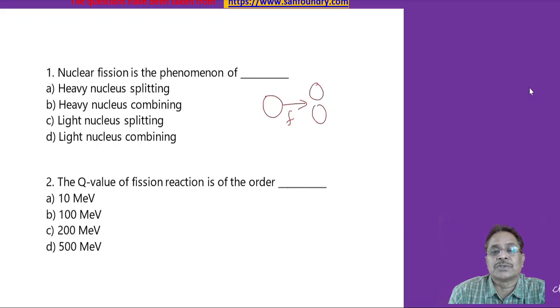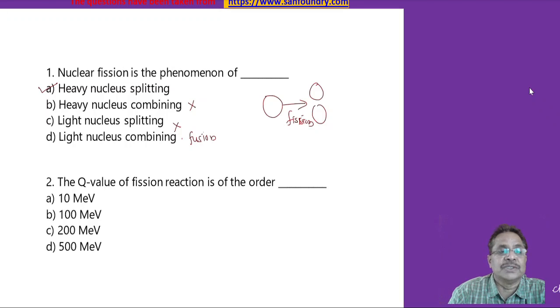This process is called fission, or splitting. So naturally option A is correct. Heavy nucleus combining is never possible, as well as light nucleus splitting is also not physically possible, and light nucleus combining is nothing but our fusion reaction. So option 4 gives you fusion, and option 1 is fission.